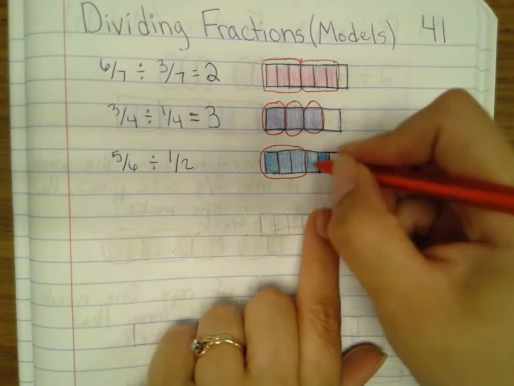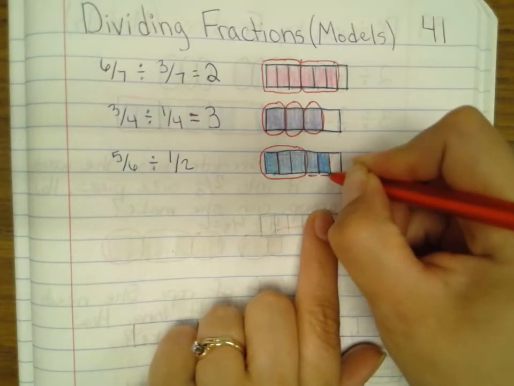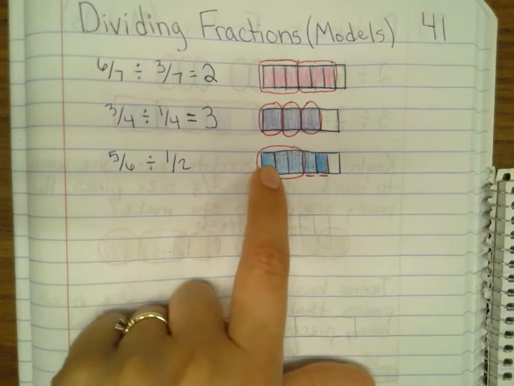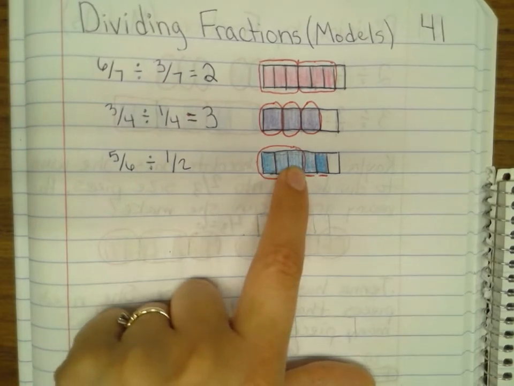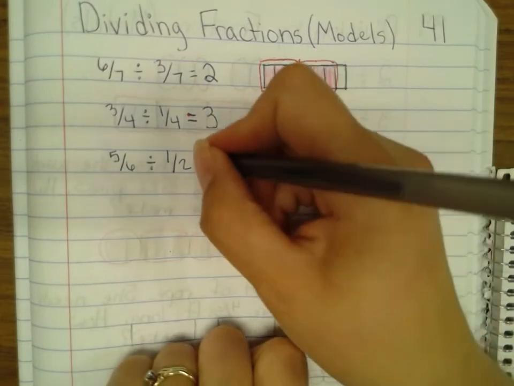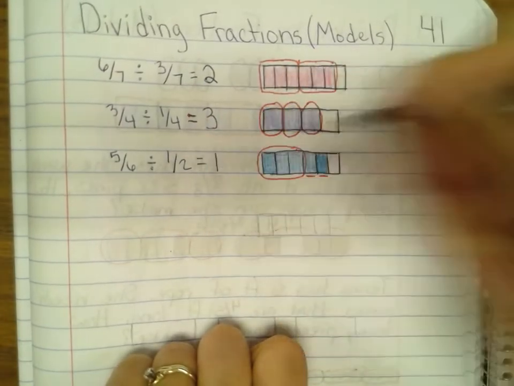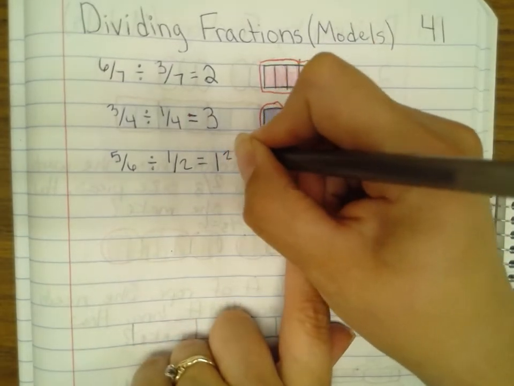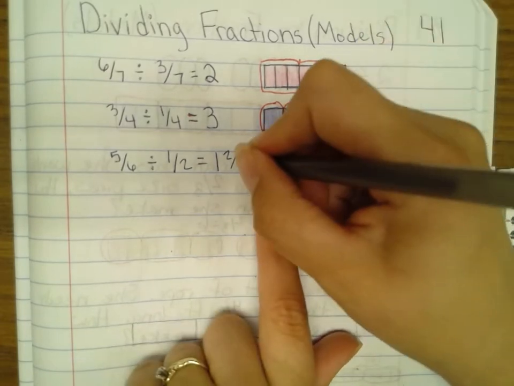And then here, I have 2 pieces, and it takes 3 to make the whole group. So here I actually end up with 1 whole group and 2 of 3 pieces to make the whole group.